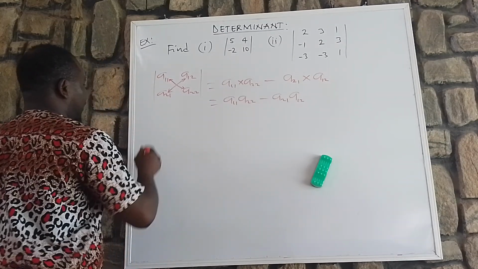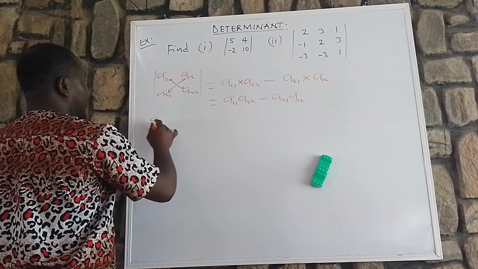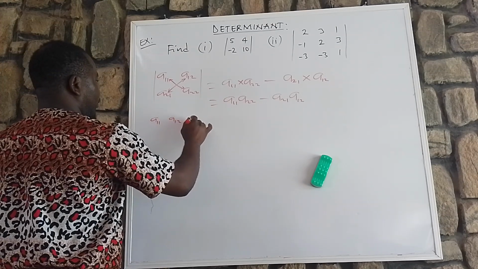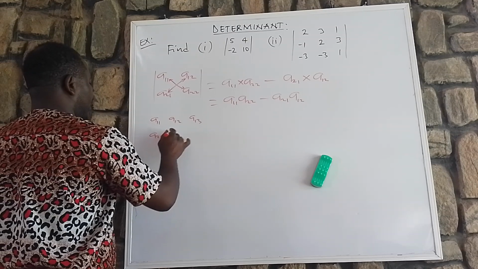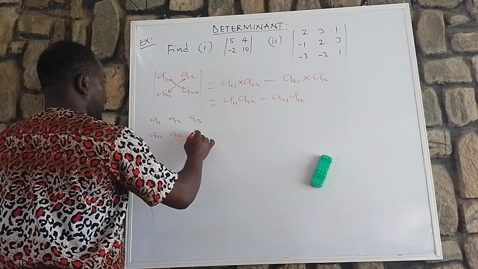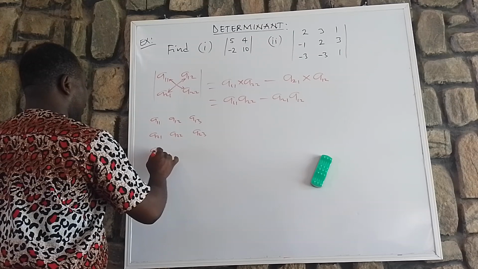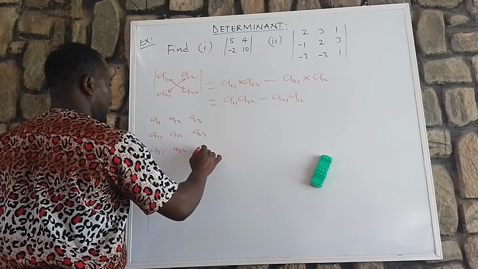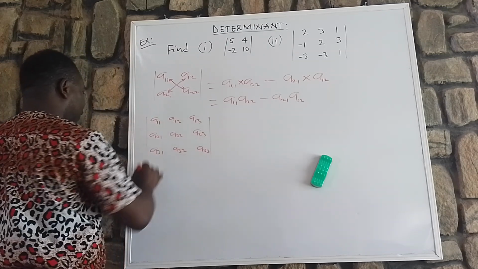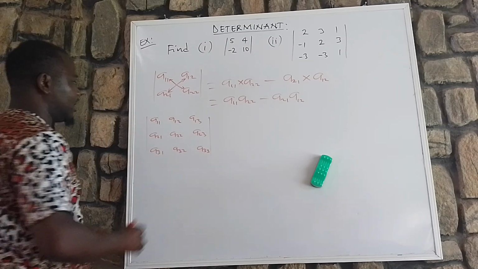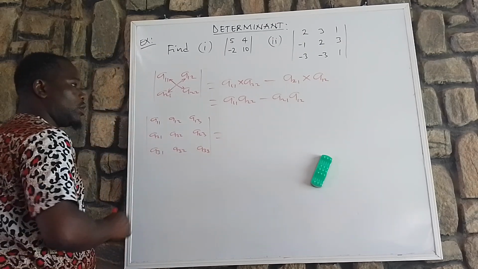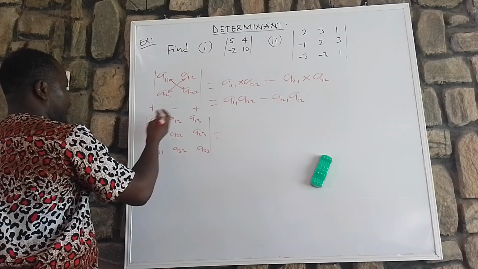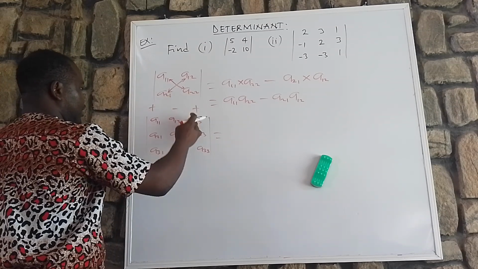Let us have this one, since it is a 3 by 3: A11, A12, A13, A21, A22, A23, A31, A32, A33. If you are to obtain the determinant of this, mind you, we will work with plus, minus, plus. A11 is plus, A12 is minus, A13 is plus.